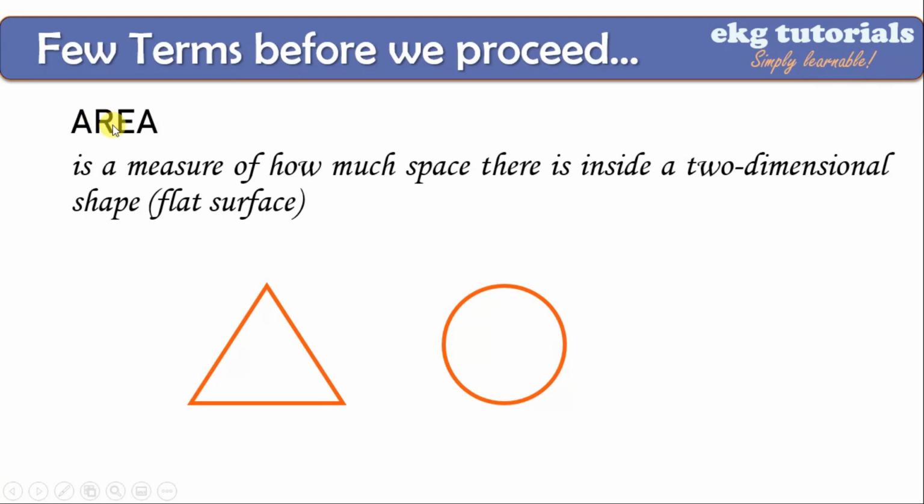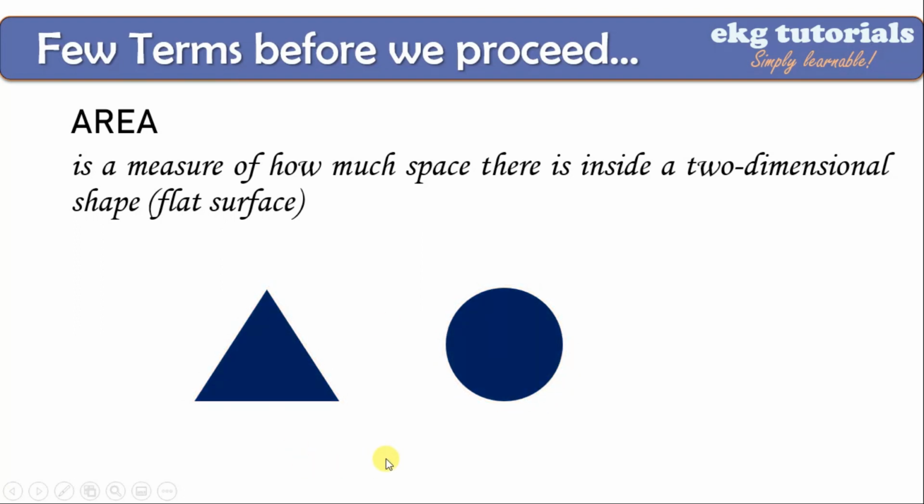But when we talk about area, here we do not talk about length or yung haba. Pero yung space, sabi dito, space sa loob ng ating two-dimensional na object. So instead of this length or instead of this distance, yung kukunin natin is itong space inside this particular shape. So that's for area.